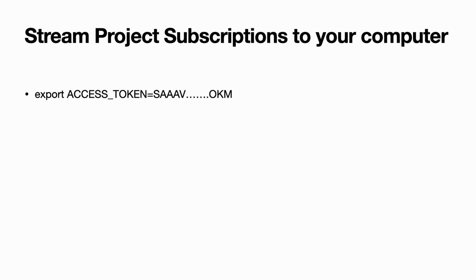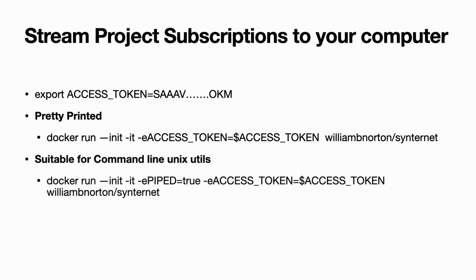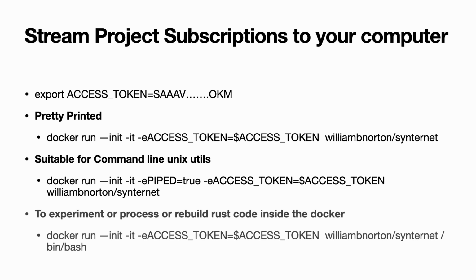The first Docker command starts streaming and printing blockchain events as formatted JSON. The second Docker command streams one text line per event, useful for piping active data streams into Unix commands. The last example shows how to modify and build code inside the Docker.